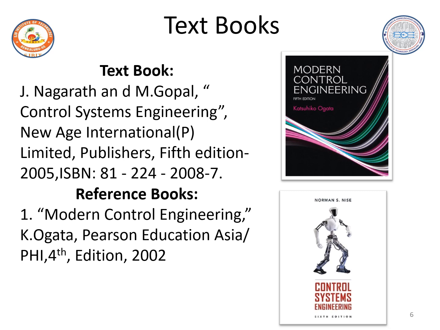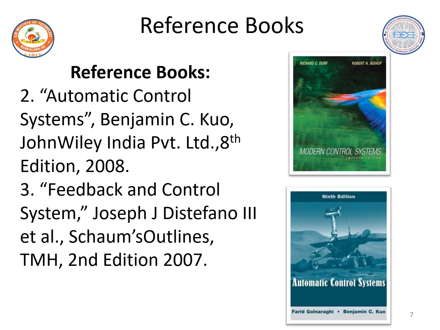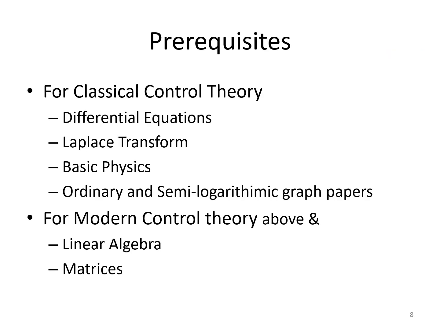So the first reference book is Modern Control Engineering by K. Ogata, 4th edition. And the second reference book is Automatic Control Systems by Benjamin C. Kuo, 8th edition. Feedback and Control System by Joseph J. D., 2nd edition. So these are the 3 reference books which can be considered for the syllabus.